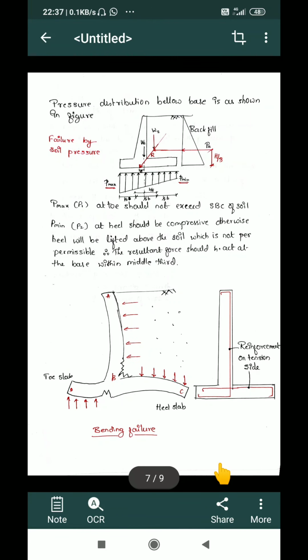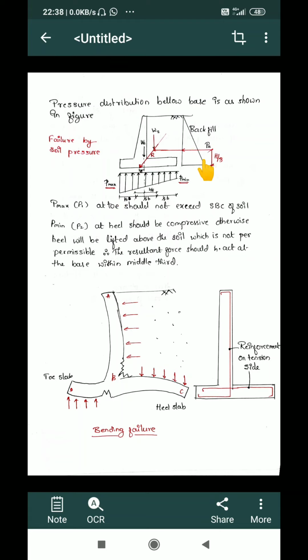Third case is pressure distribution below the base, or you can simply say the soil pressure from the base. You can see here a soil pressure from the base. This is a retaining wall, this is the backfill side, and this is the free side.